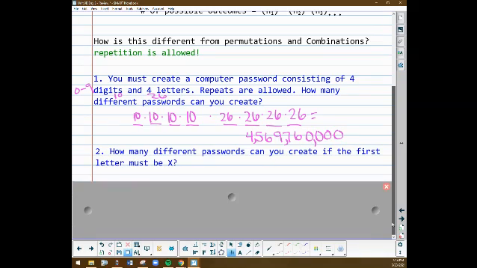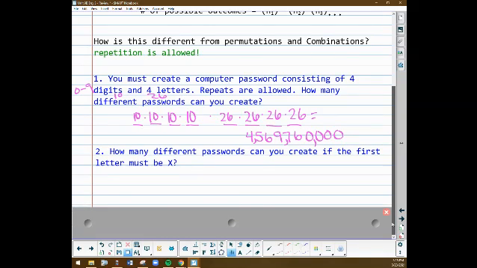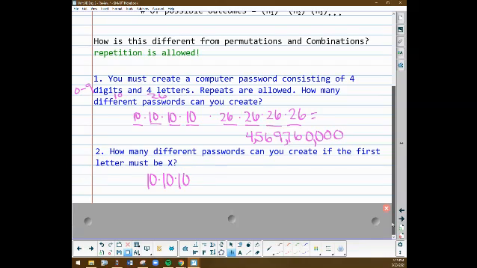All right, number 2. How many different passwords can you create if the first letter must be X? Okay, so remember we've got 4 digits, same options for 4 digits, but this time the first letter must be X. So how many options do I have for that first letter? Well, I only have 1 option, but then I have 26 options for the next 3 as well.